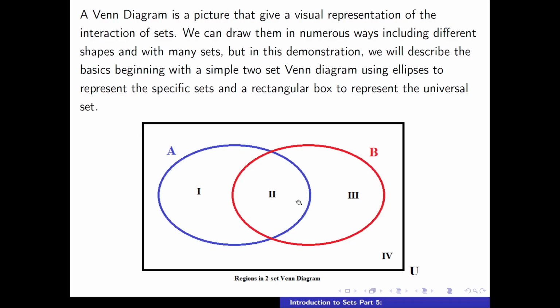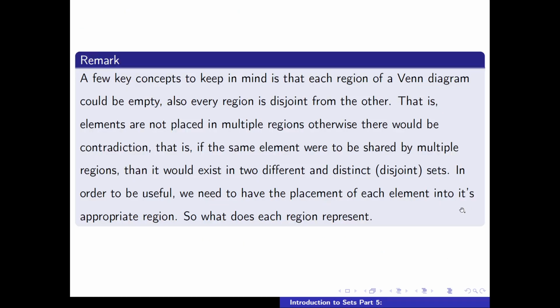So we can't be inside the set but also outside the set. Elements are not placed in multiple regions, otherwise it would be a contradiction, as we just described. An element shared by multiple regions would exist in 2 different and distinct, namely disjoint, sets, so we'd be both inside the set and outside the set. In order for a Venn diagram to be useful, we need to place each element into its appropriate region.